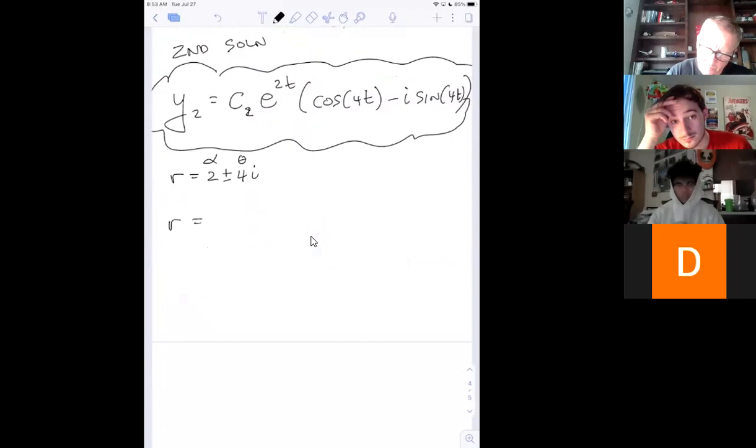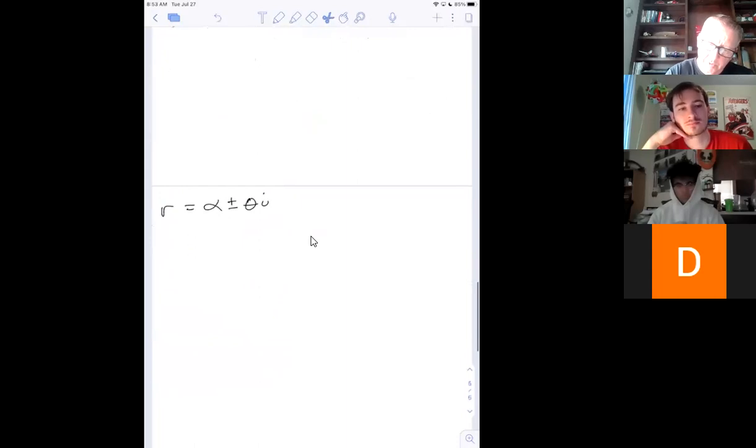So we're saying R equals alpha plus or minus theta I. If that's true, let's cross the finish line. Then would you agree that our sweet solution to this is y equals C1 times the cosine of not 4t, but theta t, right?